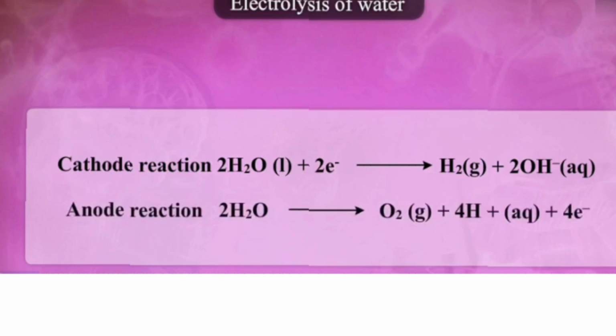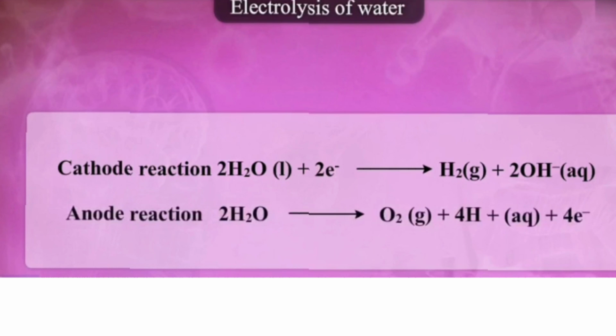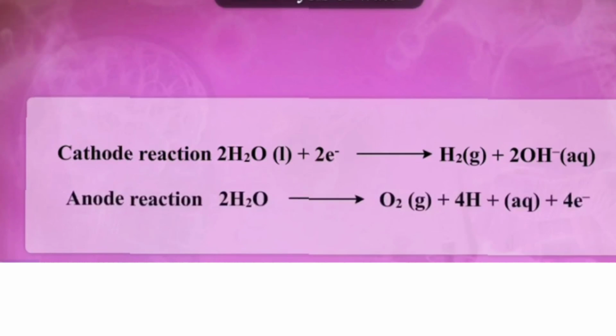You can see here the two electrons. At the cathode, the electrode is negative, so it gives electrons and the substance accepts the electrons. So it is plus electrons here, and at the anode it is minus electrons, meaning there is a plus sign on the product side. So always at the cathode plus electrons, and always at the anode minus electrons are there. Right?